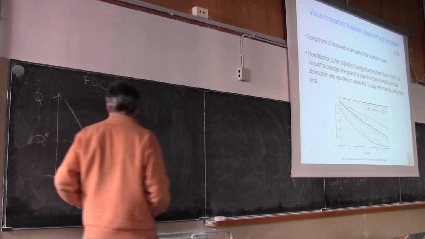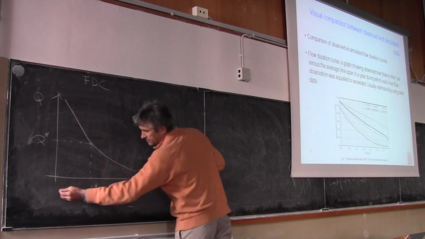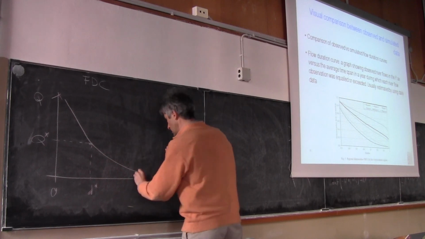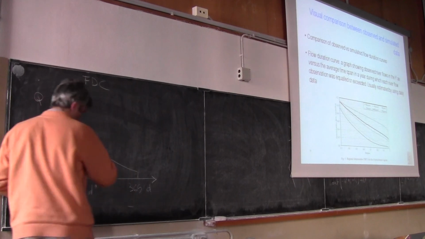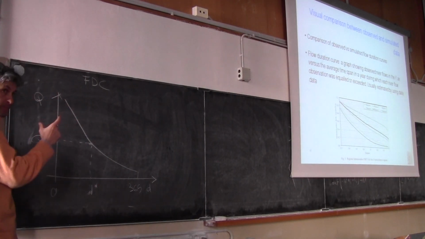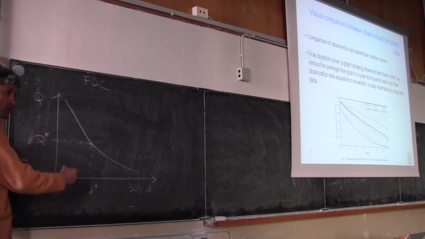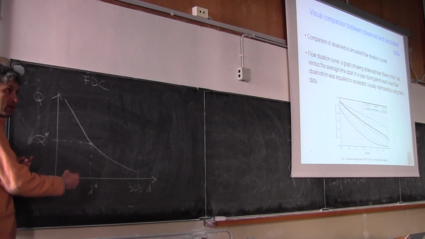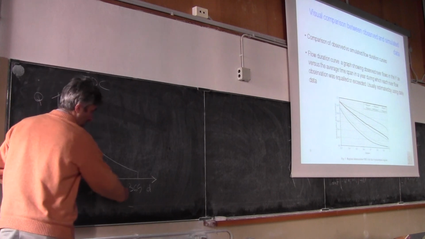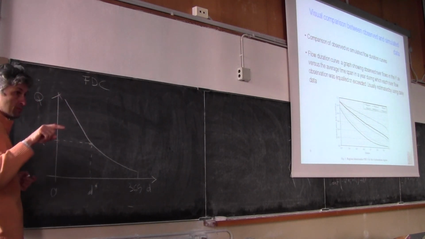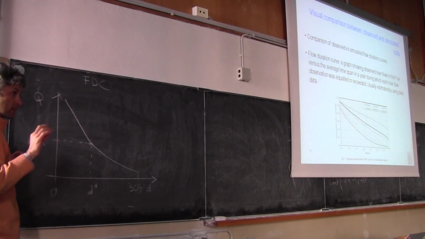On the abscissa, the curve is limited between 0 and 365 if you are working with daily data. This is a yearly curve, so if you work with hourly data, of course, the maximum value of the abscissa is 365 times 24.